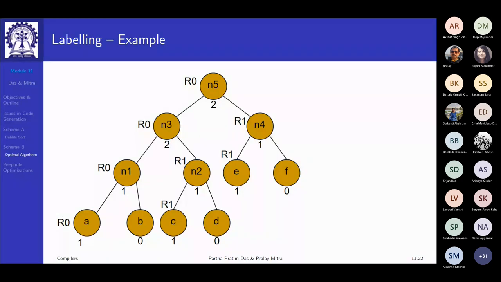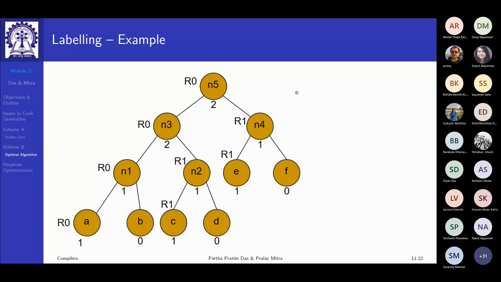So N3 will require 2. In N5, they are not equal. So it is a max. So N5 will require 2. So we say that if this is the structure of the expression tree, then following our convention, we would be able to evaluate this tree using 2 registers always, but not less than 2.